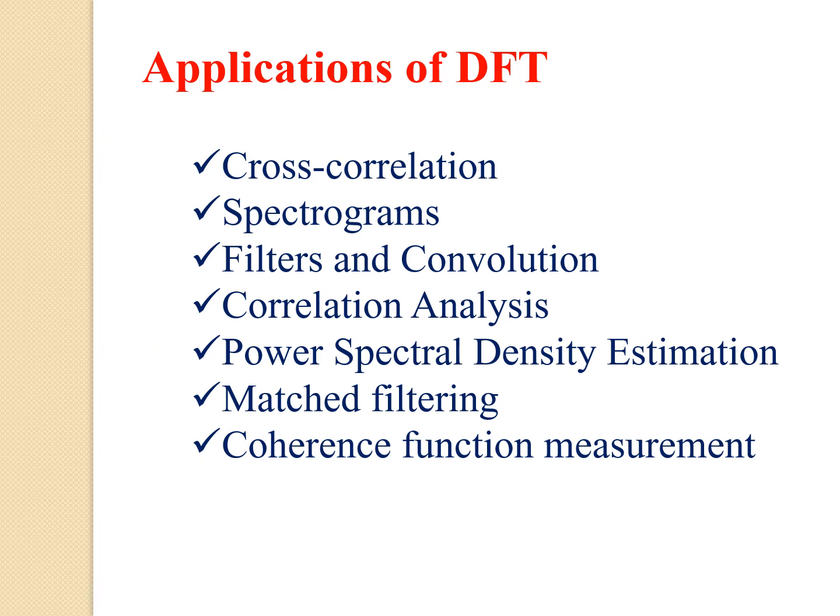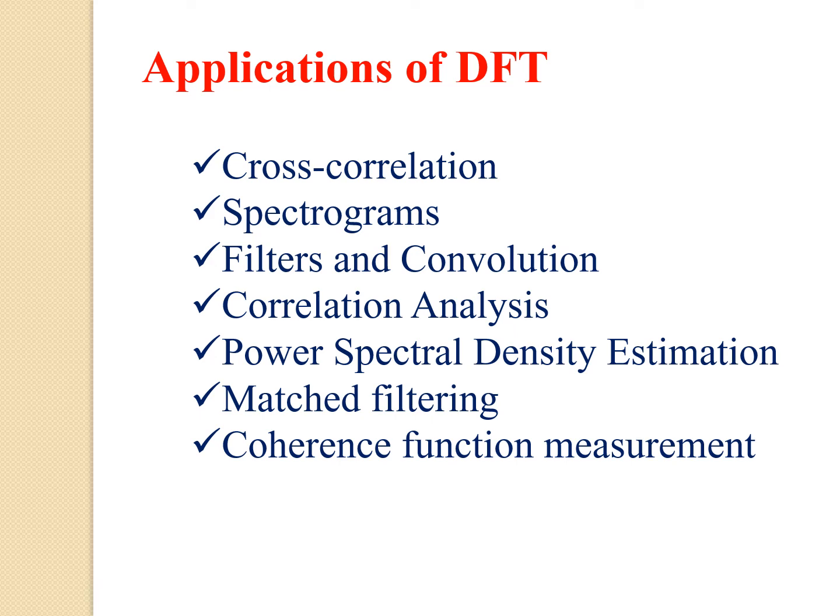And finally, the applications of discrete Fourier transform. Normally the discrete Fourier transform is used for performing the cross correlation between two given signals, and it is also used for spectrograms.